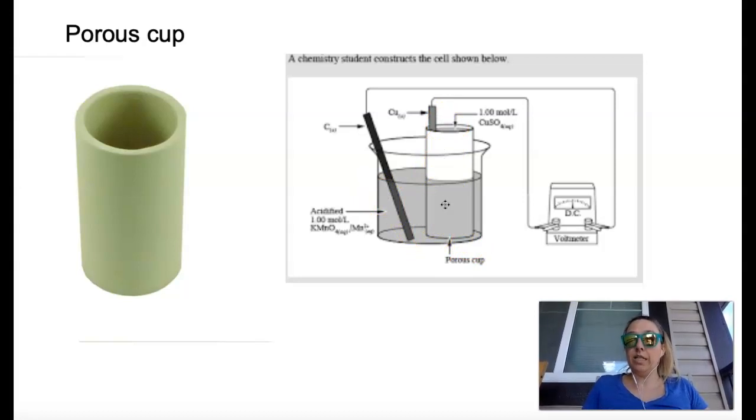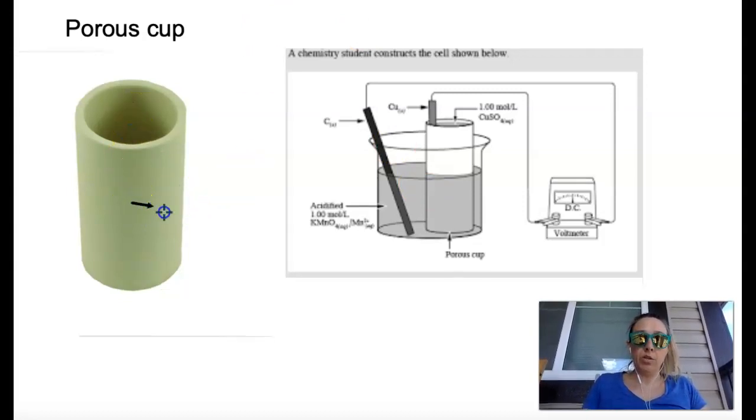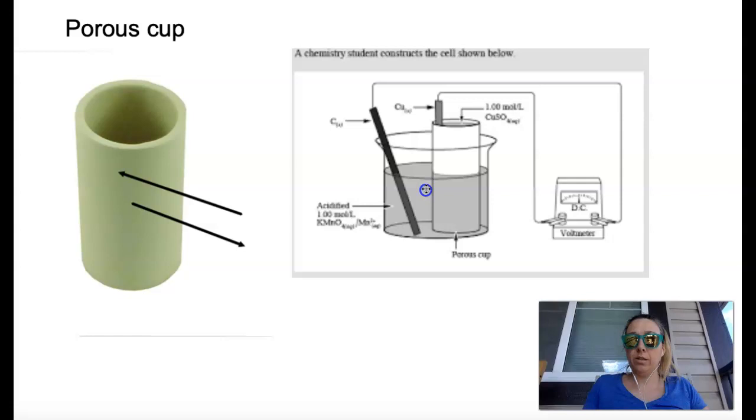Instead of the ions migrating through the salt bridge, the ions are either going to migrate out of the cup into the solution, or they're going to migrate from the solution in the beaker into the cup. If we look at this one, they're either going that way into the cup or coming out of the cup.